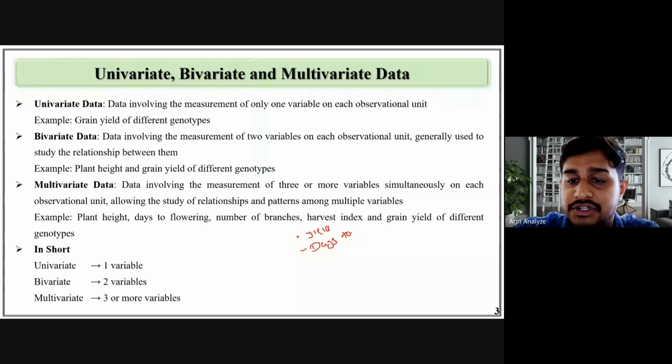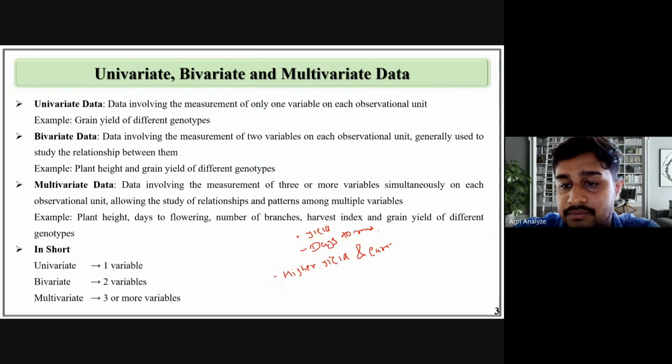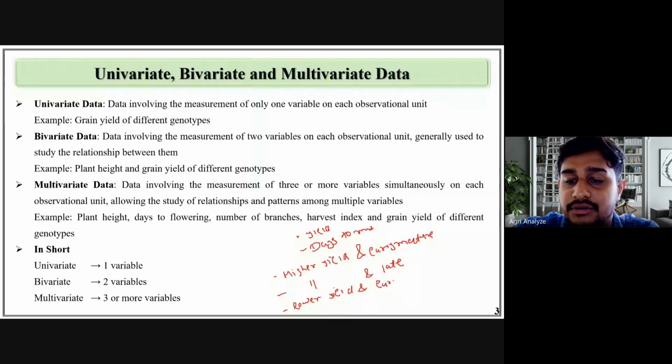Okay. So we divide our genotypes into, let's see, higher yielder and early mature. The second category is higher yielder but late mature. Then the third category is lower yielder but early mature.